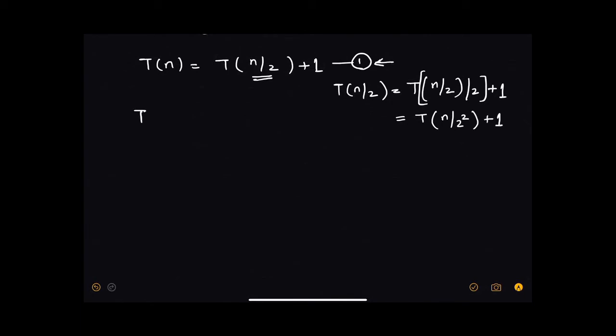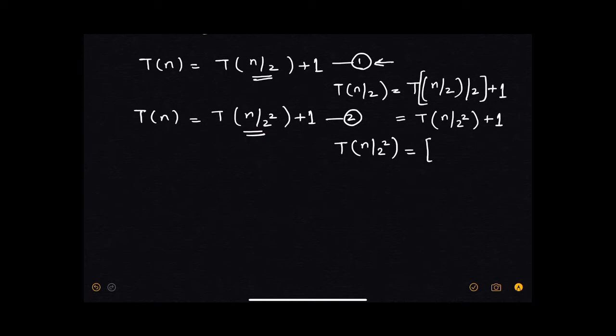So I can write my equation as T(n) = T(n/2^2) + 1 + 1. This is my second equation. Now I want the value of this one. So T(n/2^2) is equal to T(n/2^2 divided by 2) plus 1.